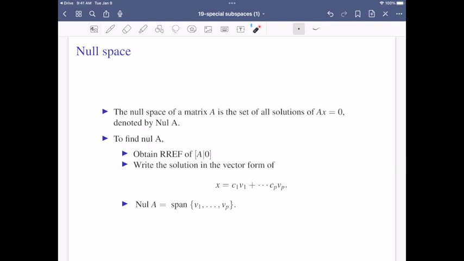So we obtain REF after many EROs, and then write the solution in parametric vector form, PVF. And then the null space is given by the span of those vectors in the vector form.